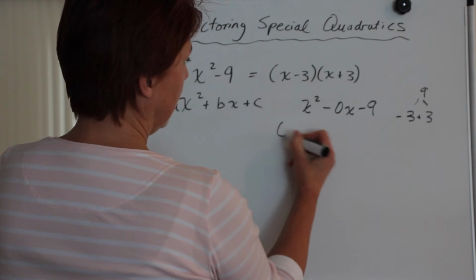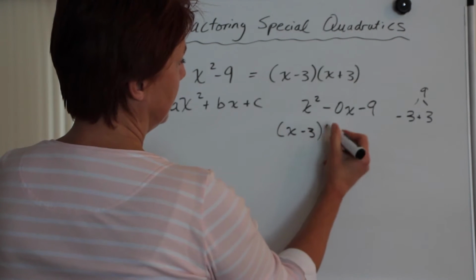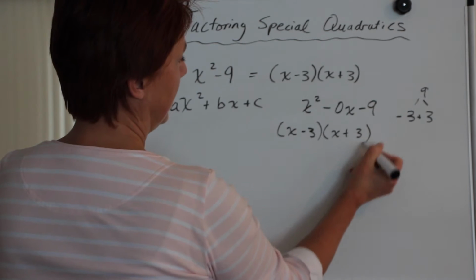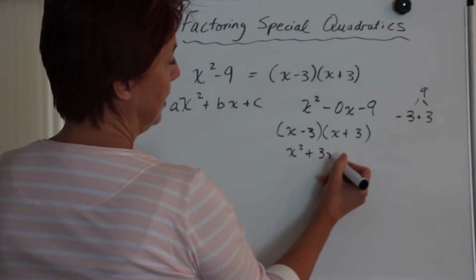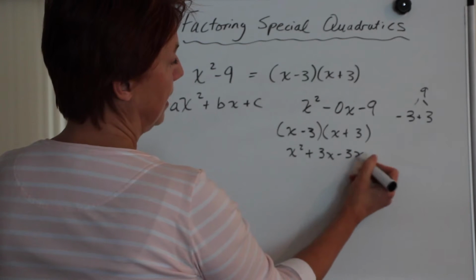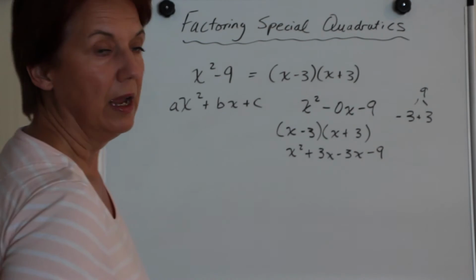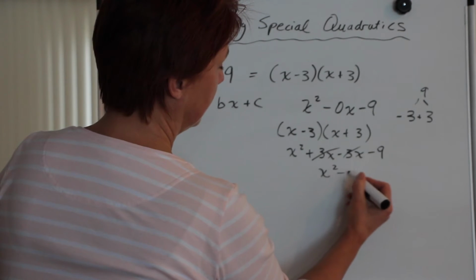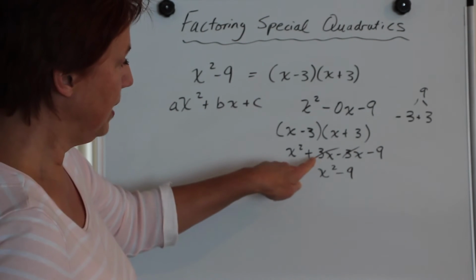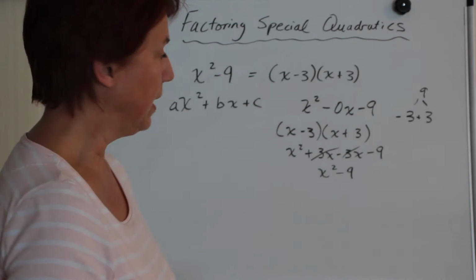Now if we take (x minus 3)(x plus 3) and multiply it out, here's what happens. We get x squared plus 3x minus 3x minus 9. And so those middle terms, they're going to go away, and we end up with x squared minus 9, just because plus 3 minus 3 is 0. Okay, so those go away.